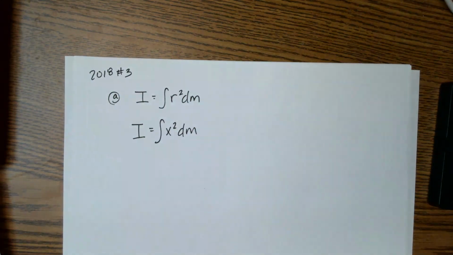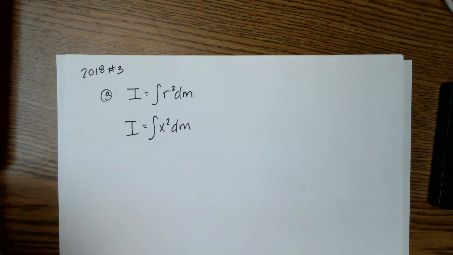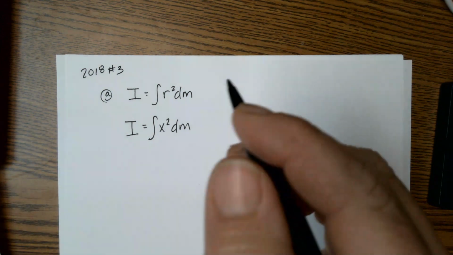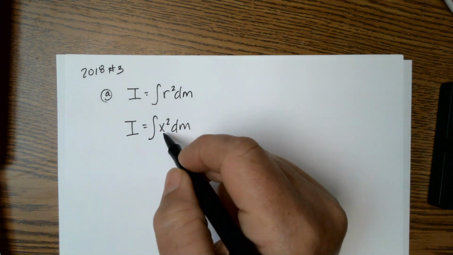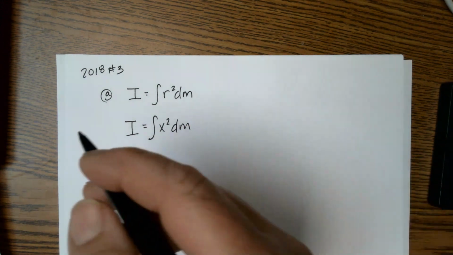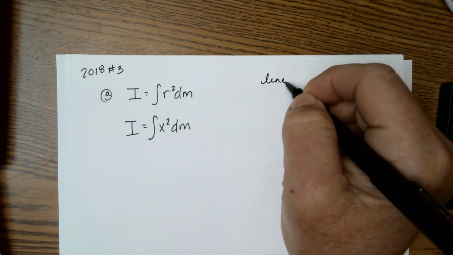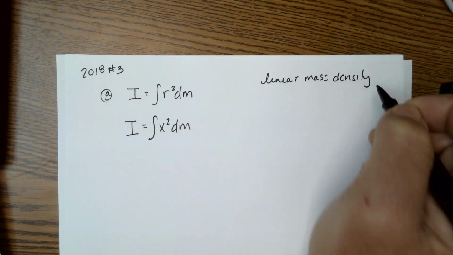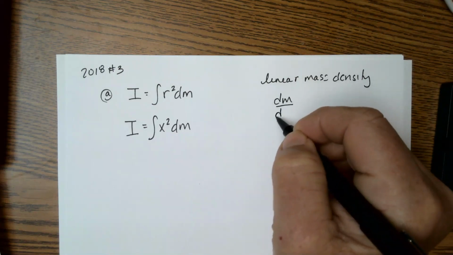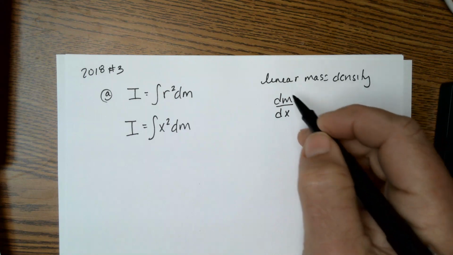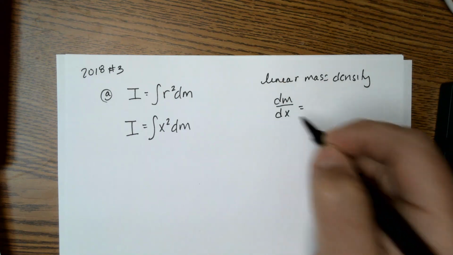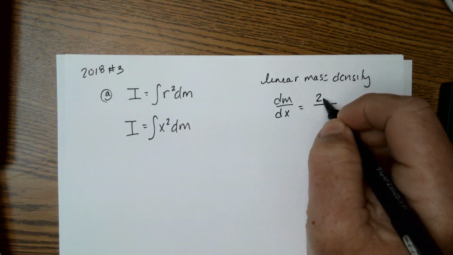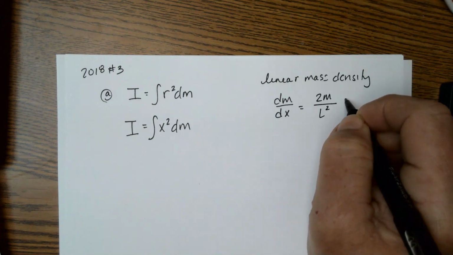Nothing is different about r and x. They're just calling it x instead of r, and it's the same distance from the axis of rotation. I need to do some substituting because I don't know how to integrate x with respect to mass. But the linear mass density, I can write as dm over dx, mass to length, and it equals 2m over L squared times x.